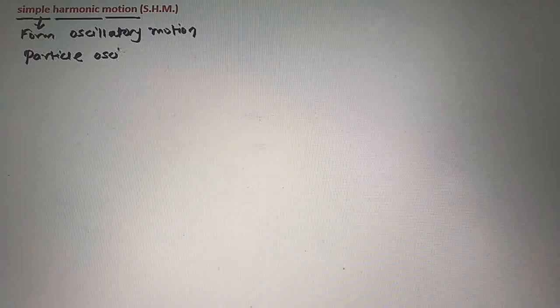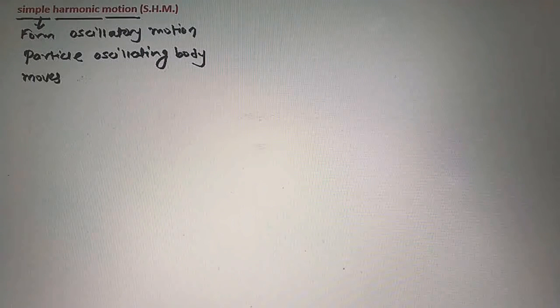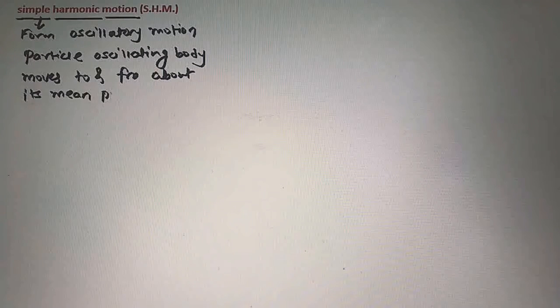Simple harmonic motion is a form of oscillatory motion in which every particle of oscillating body moves to and fro about its mean position or equilibrium position along a certain fixed path.